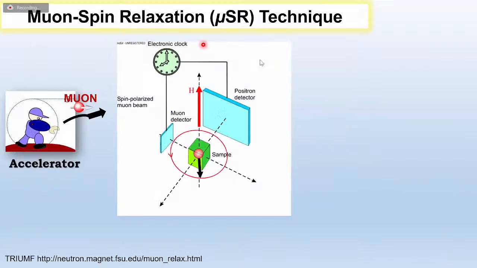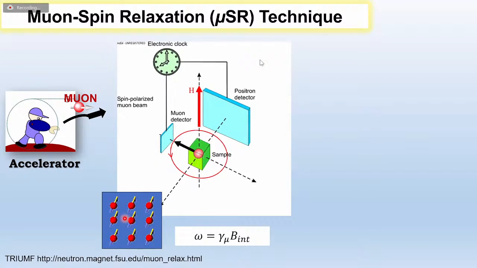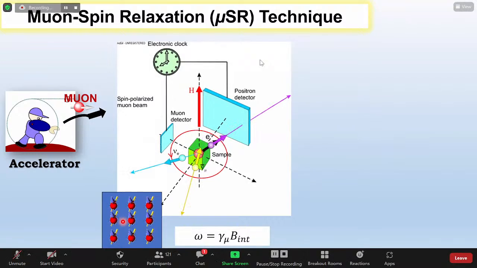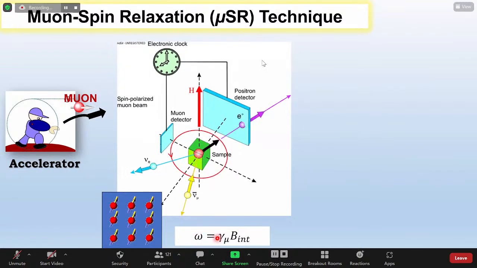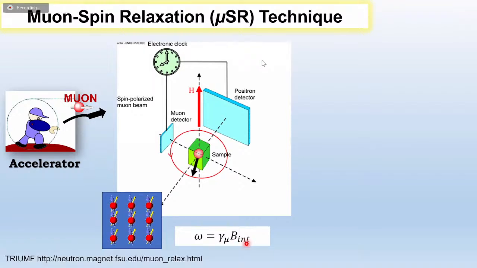I would like to give a brief explanation about the basic principle of mu-SR. Basically, muon is accelerated and then implanted into a sample, and then the muon inside the sample will do the Larmor precession, and the frequency of Larmor precession equals the gyromagnetic ratio times the internal field.